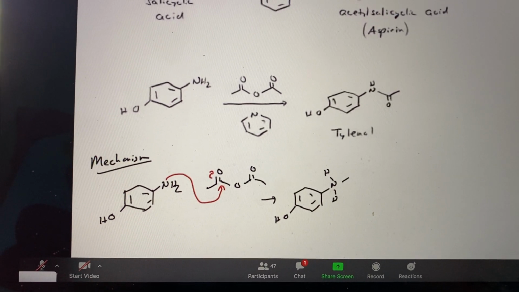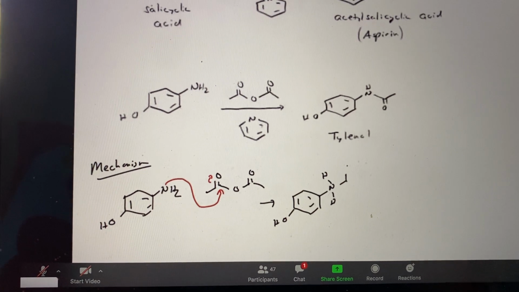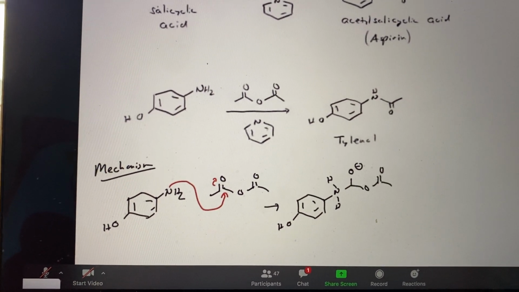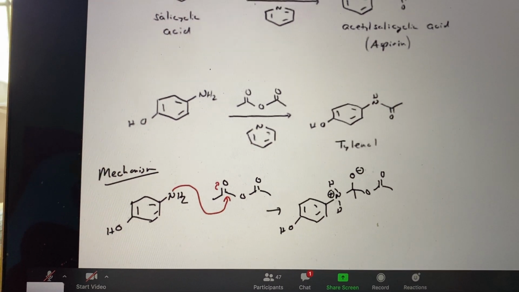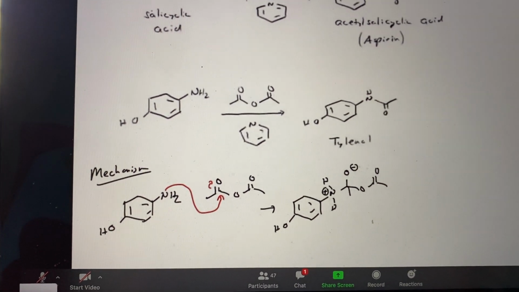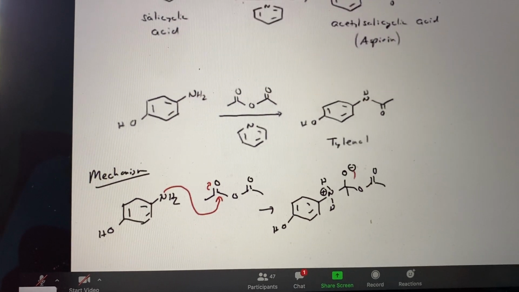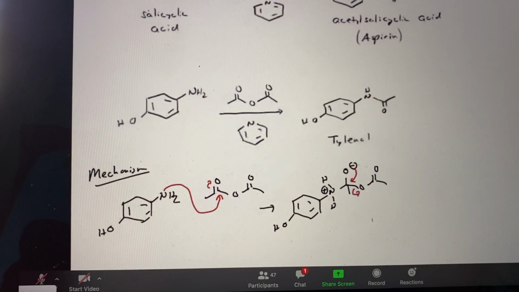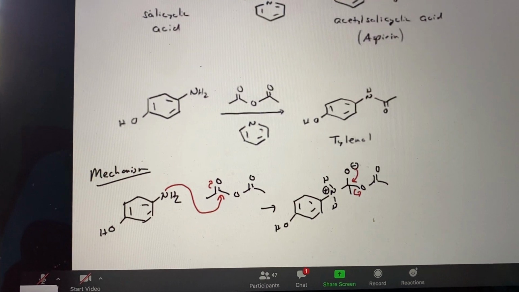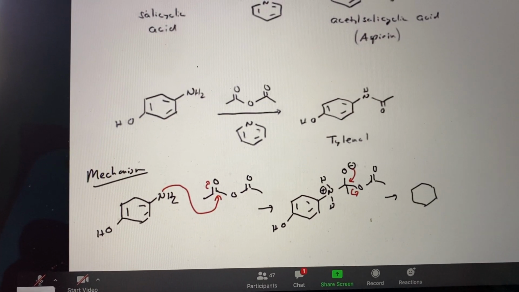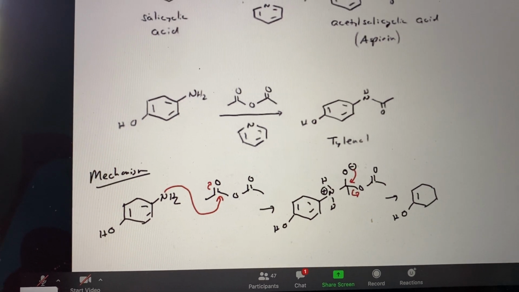So now we're going to end up having our tetrahedral intermediate. O minus, let's just put this like this here, methyl group there. And now we have a good leaving group here because we can kick this whole group out. Let's see what that gives us. So this is all the same.